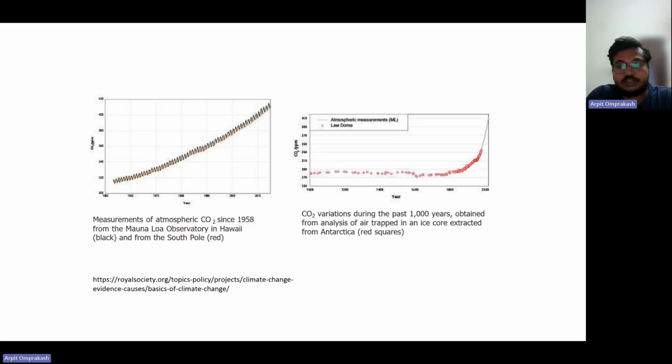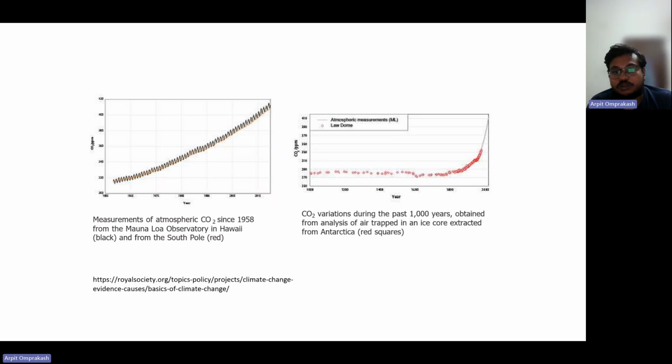These are measurements of atmospheric carbon dioxide since 1958 taken at the Mauna Loa Observatory in Hawaii. Right. Here you see that the amount of carbon dioxide since 1958 has been constantly increasing.